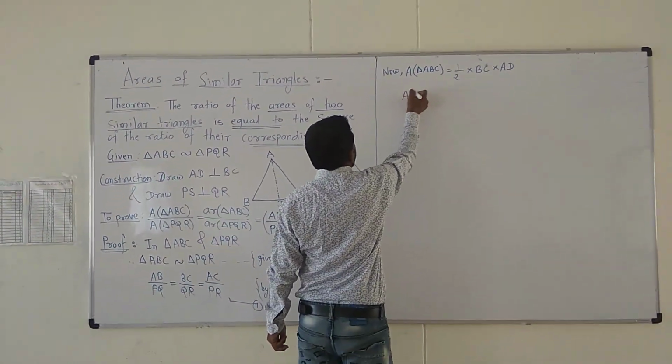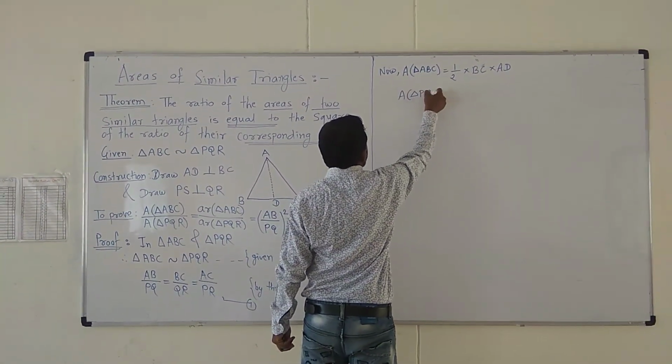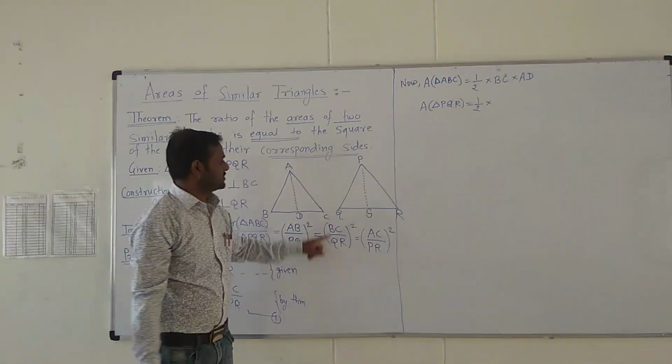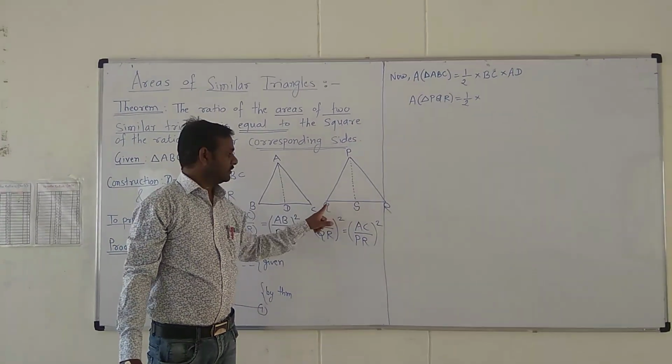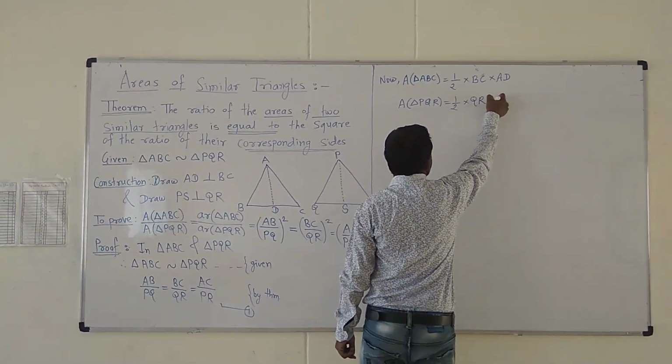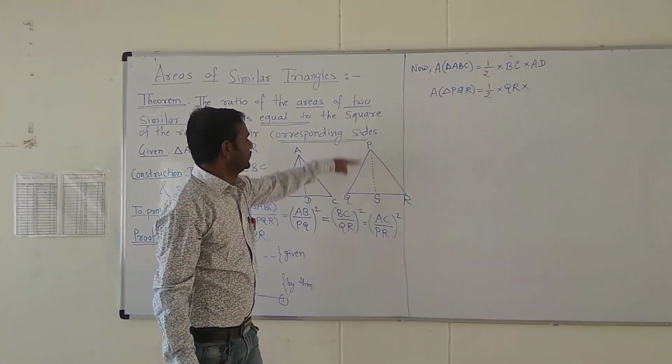Again, the area of triangle PQR is 1/2 into base QR into height PS.